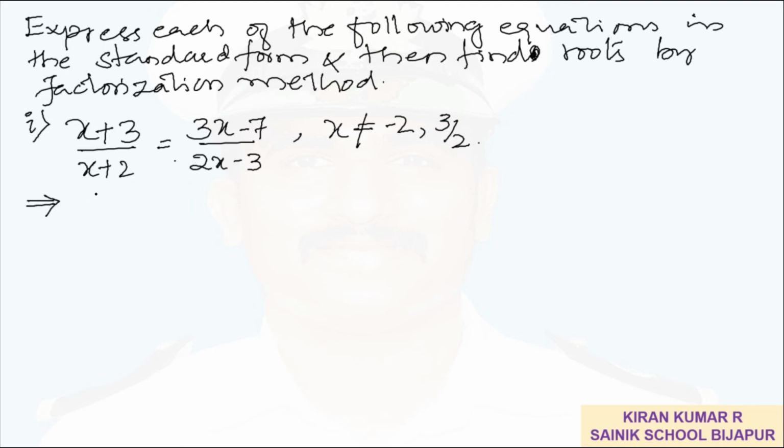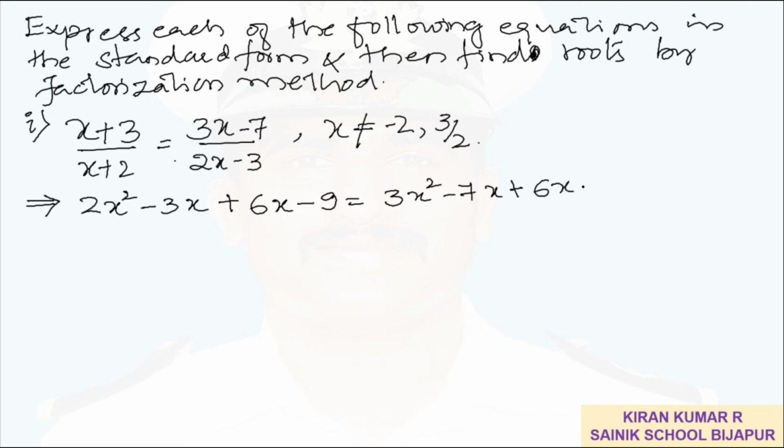We need to cross multiply. We get 2x² − 3x + 6x − 9 = 3x² − 7x + 6x − 14.